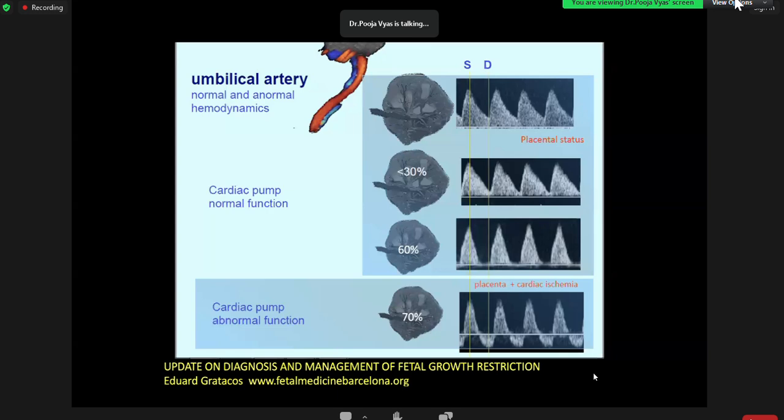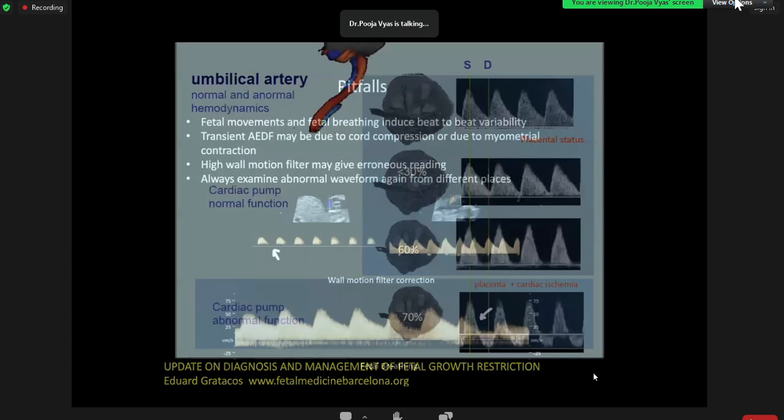Then when less than 30% of the placenta is involved, the umbilical artery will still be normal or just about high resistance flow. When 60% placenta is involved, we get absent diastolic flow. And when 70% or more of the placenta is involved, we get a reversed end diastolic flow.